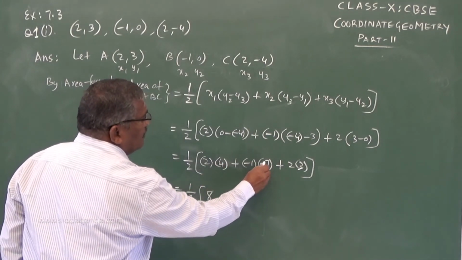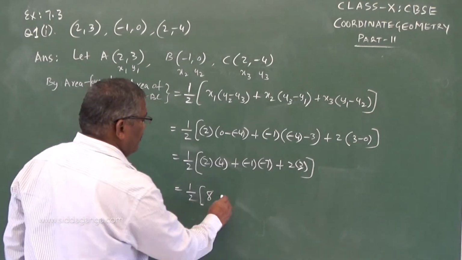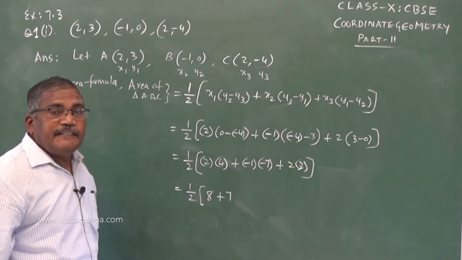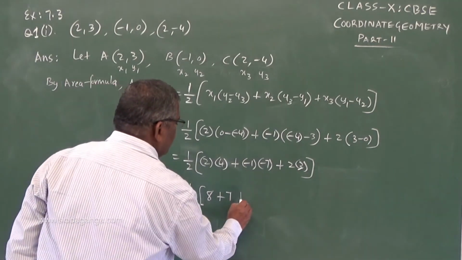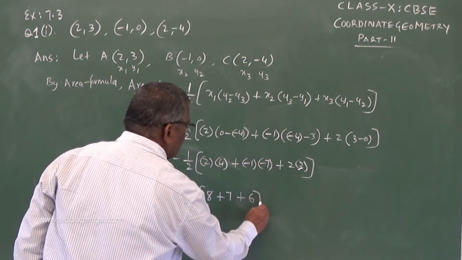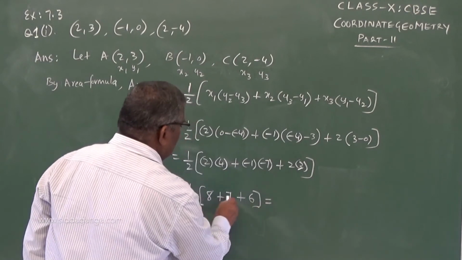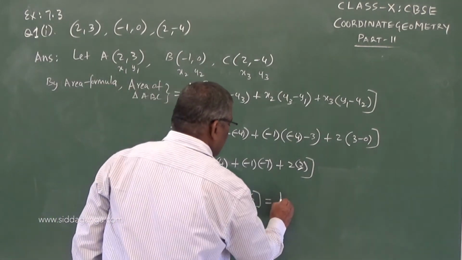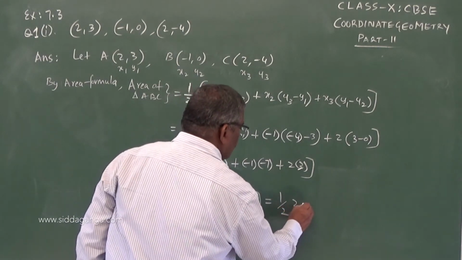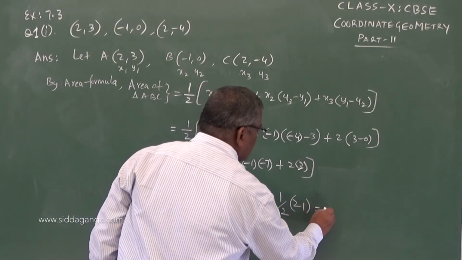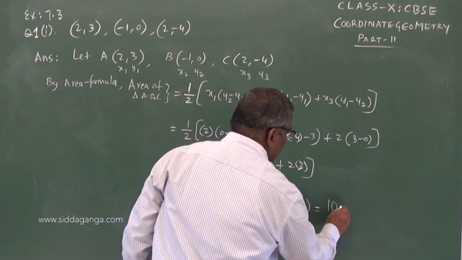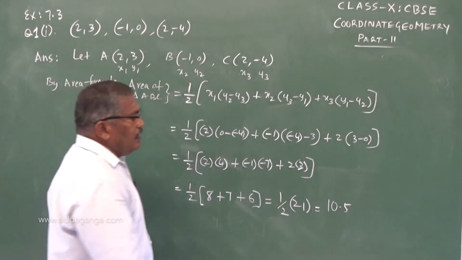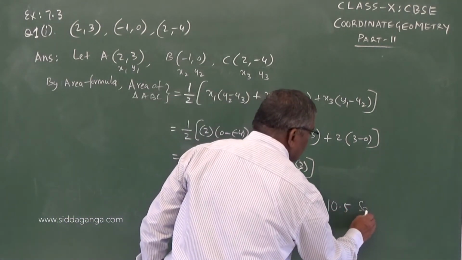Minus 1 minus 7 is 7, so therefore I will write plus 7. Plus 6, 2 into 3 is 6. This equals 15 plus 2, 21 by 2. 1 by 2 into 21 equals 10.5. Because it is area, you have to write square units.